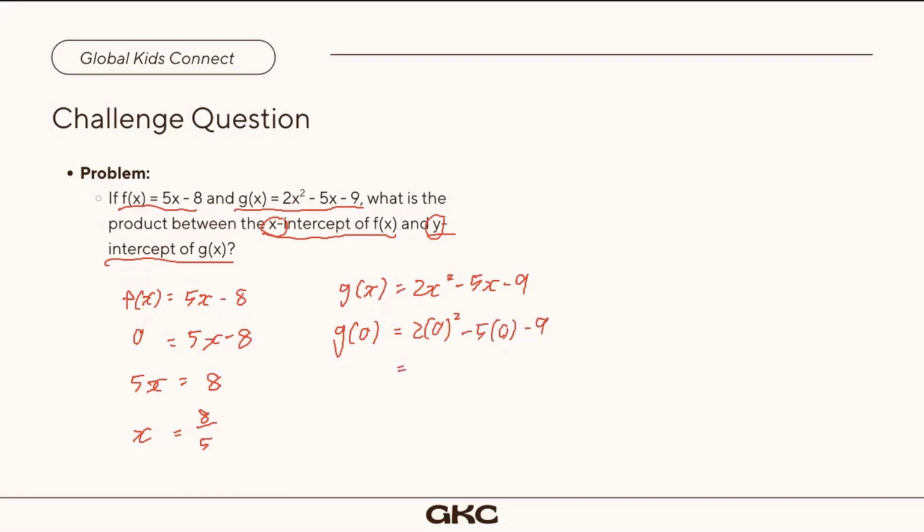Because we multiply by 0, these two terms will be equal to 0, and so we can cross them out. The only thing left will be negative 9. If we know the x-intercept and now the y-intercept, the question asks for the product between those two values. Therefore, we can multiply 8 over 5 times negative 9, which is equal to negative 8 times 9 is 72 over 5.